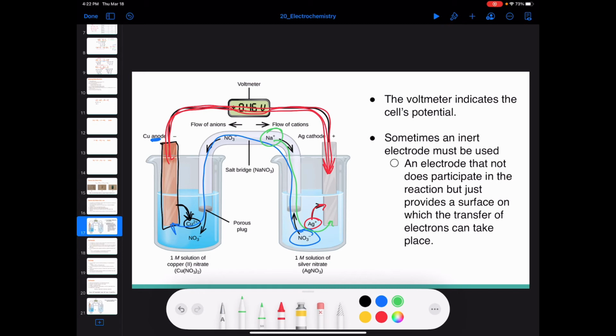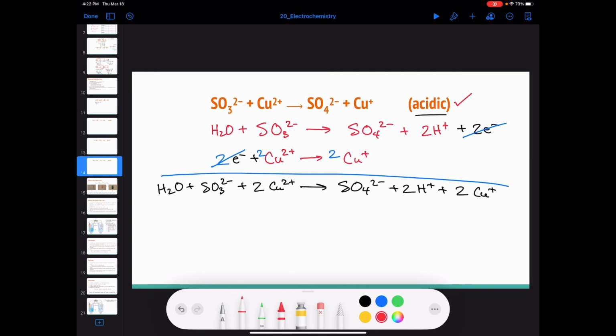Now, one of the issues that can occur, though, is, in this case, we're using solid copper metal and a solid silver electrode, right? And that's fine as long as they're both solids, but what about some of these? In this case, notice that this is an ion, and so that is an aqueous solution if we were to write our states here. This is aqueous, and this is aqueous, right? And so in this case, we don't have any solid electrodes that we can use.